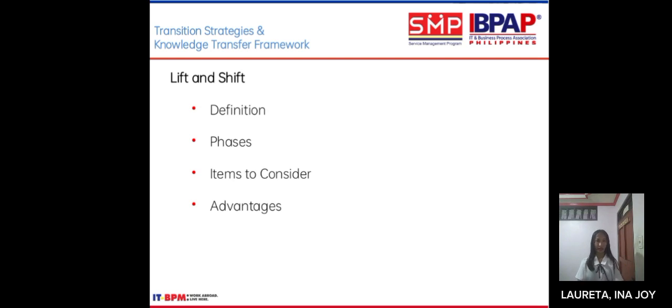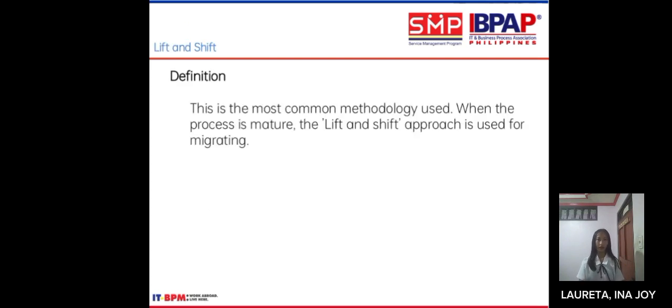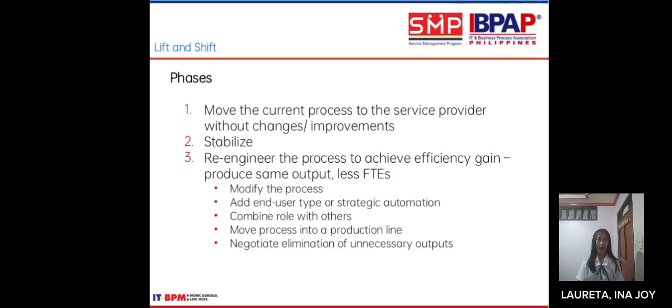Advantages, definition. This is the most common methodology used when the process is mature. The lift and shift approach is used for migrating. Phases. Move the current process to the service provider without changes or improvements. Stabilize.